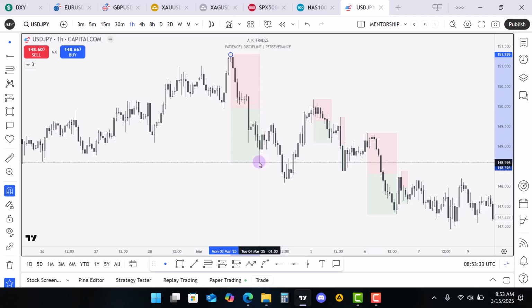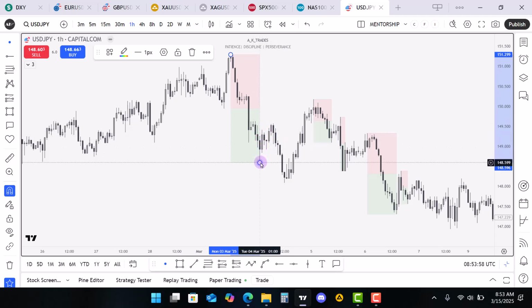So what do you do? You move your fib to this swing low, because what we are looking out for is a retracement, the key level retracement, but that hasn't yet occurred because after this expansion lower, price entered into a phase of consolidation, and this is not the retracement we are looking for.